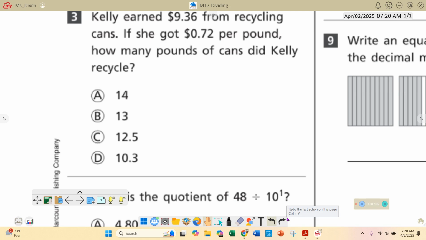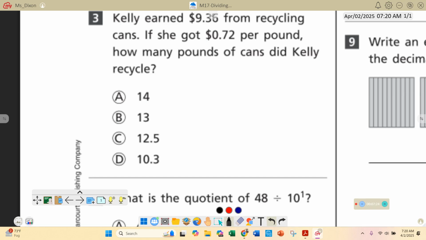Of course, first you need to know which one is your dividend and which one is your divisor. Don't forget, the dividend is always what you have or your total, and the divisor is how it is separated or split. In this case, we have a total of $9.36, and it is separated into groups of 72 cents per pound.